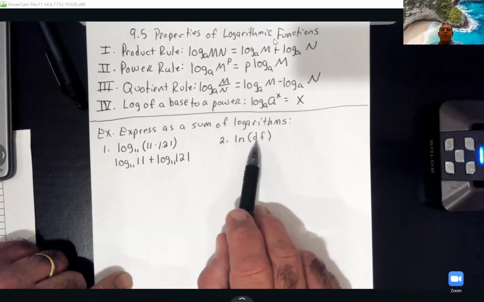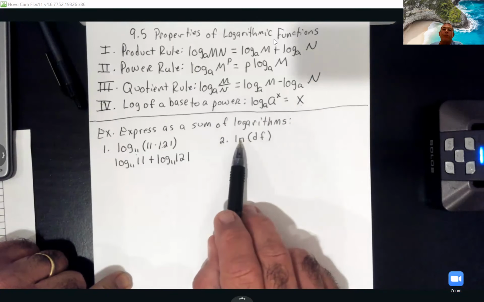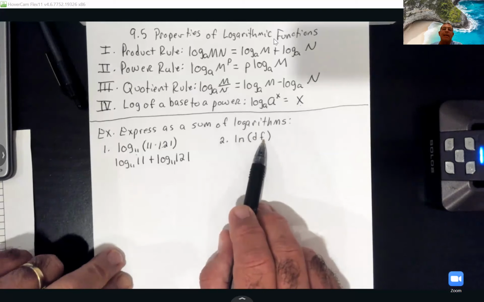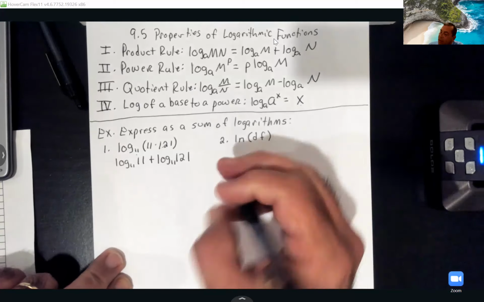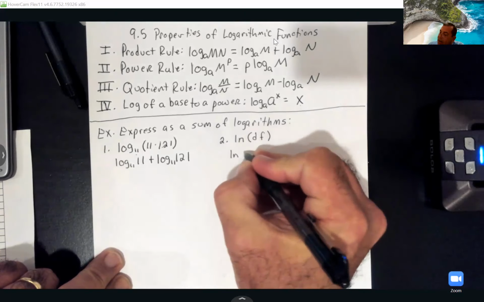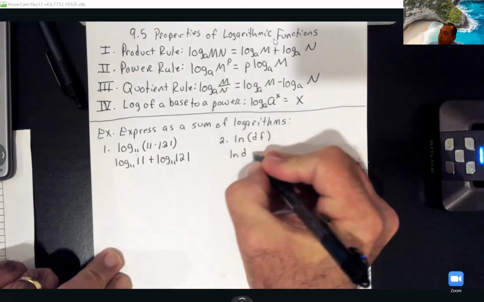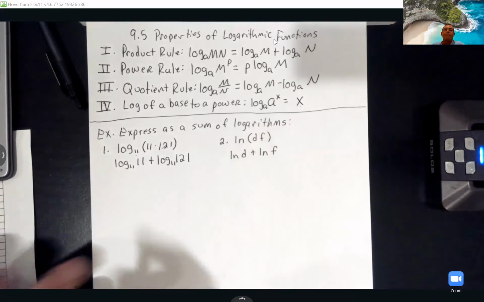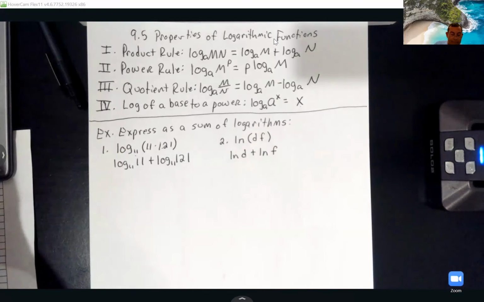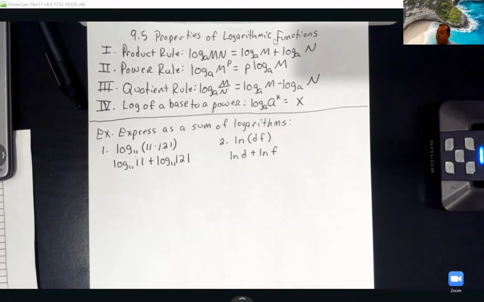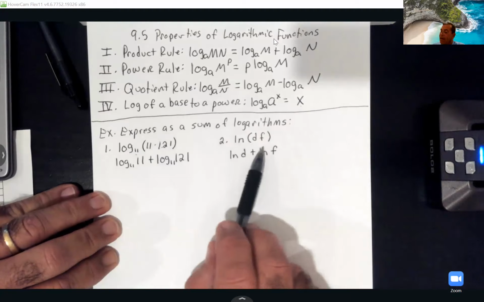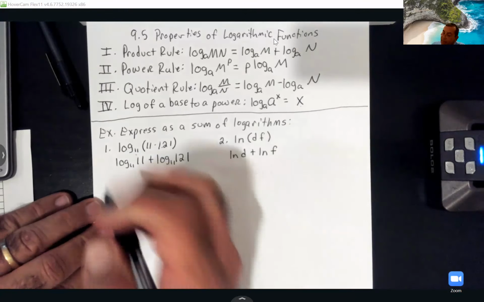So my factors are d and f, so I'm going to distribute the ln to both factors and rewrite this as a sum. So I'll get a ln of d plus ln of f. Okay, y'all, so that's not bad. When they give you a product, rewrite it as a sum, okay?